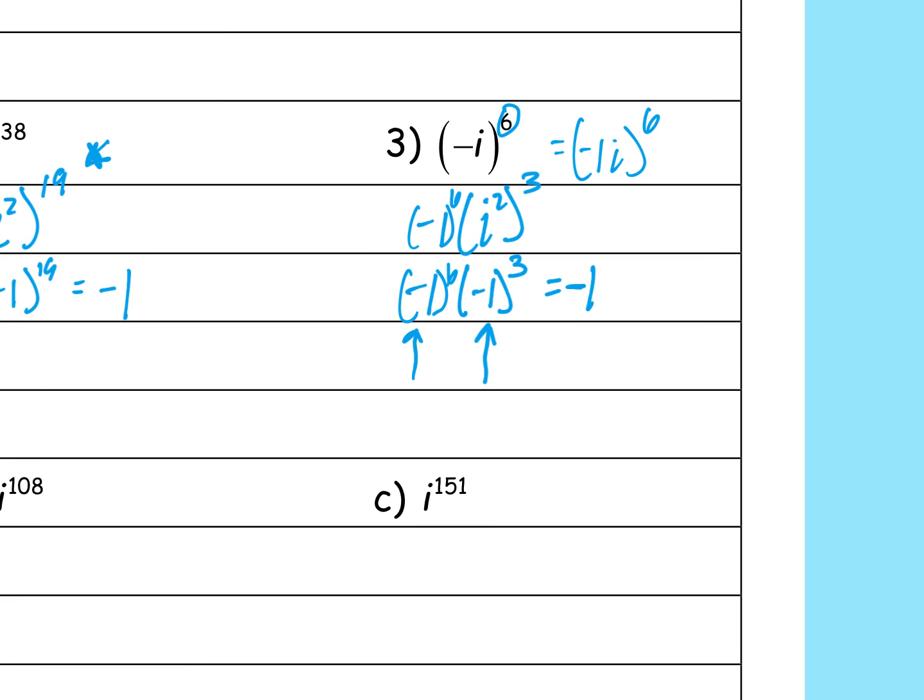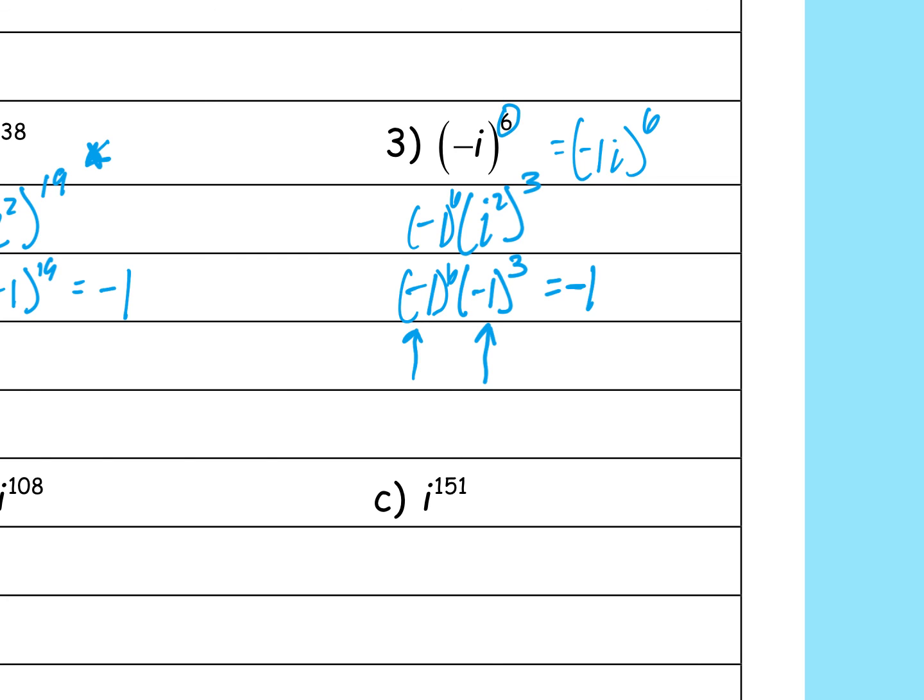Wait, shouldn't that turn into a positive? No, because this -1 to the 6th power is positive. Negative times negative, negative times negative, negative times negative. That's 6 ones, positive, positive, positive, so it should be +1.